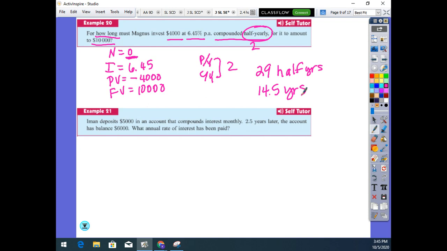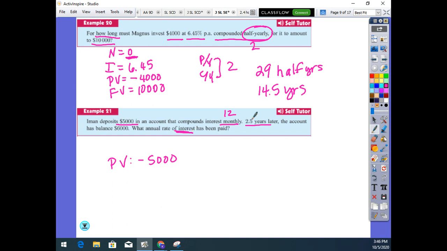All right, last problem. That's going to be my present value. If I invest $5,000, that's negative 5,000. Monthly, that'll be 12. There's my time. We're looking for the interest. All right.